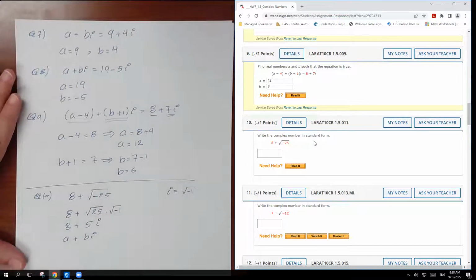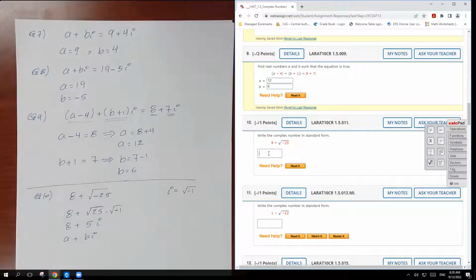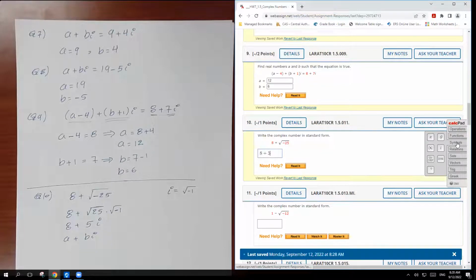I'm going to write down here 8 plus 5i. With the online system, for the i, sometimes it's going to be wrong, so let's see which one you have to choose from the symbols.